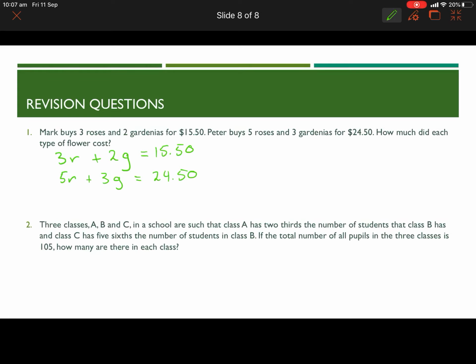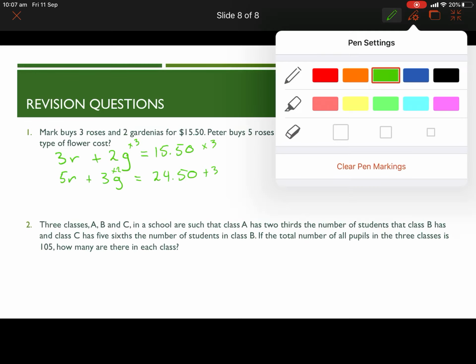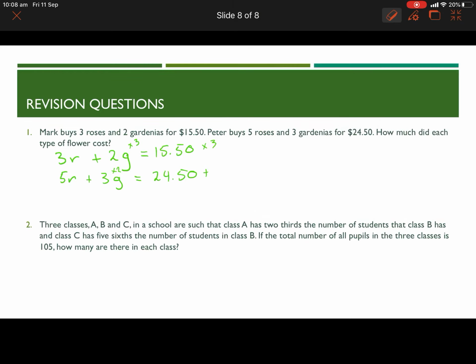So to make 2g into 6g, you'd have to times that by 3, and you'd have to times the other one by 2, because then that would make them both 6g. But we have to do it to the whole equation. So we're going to times this one by 2.